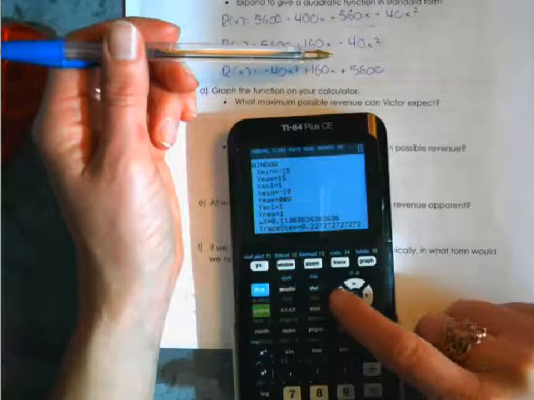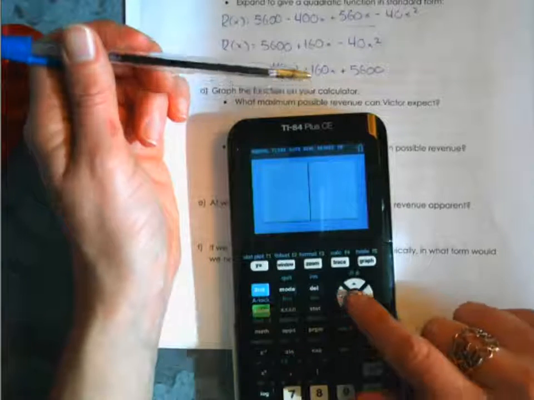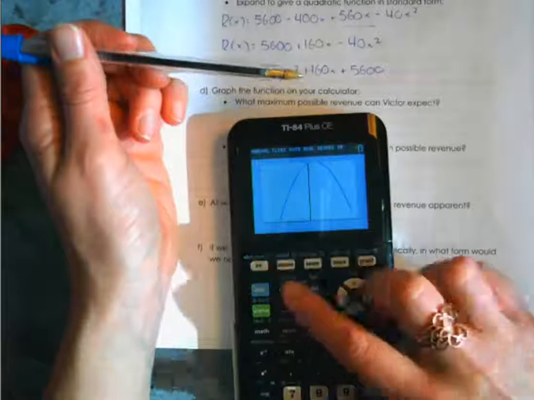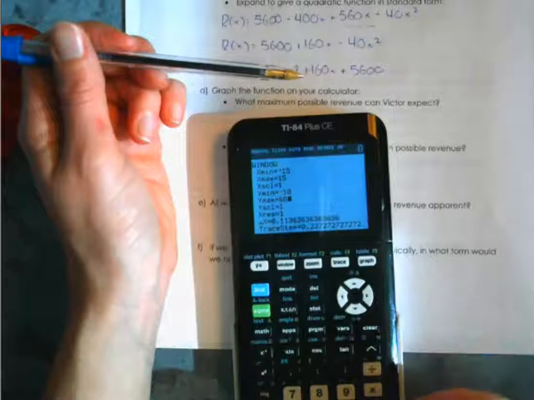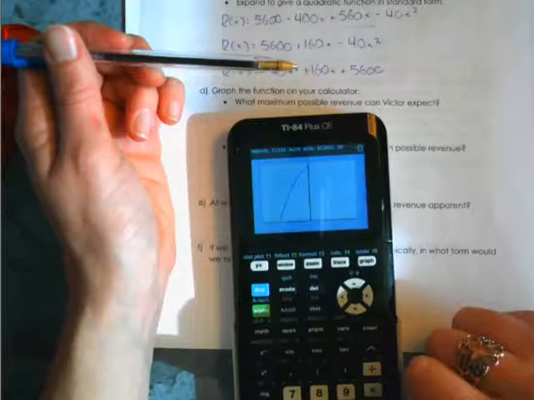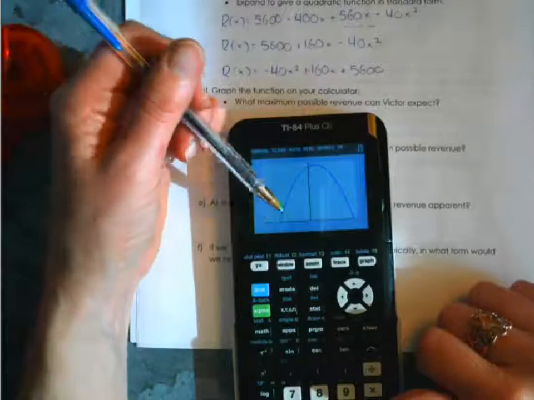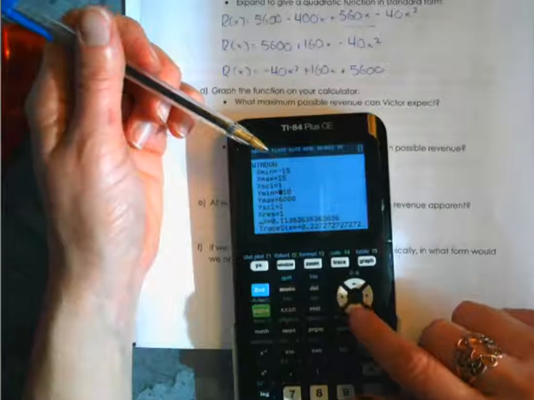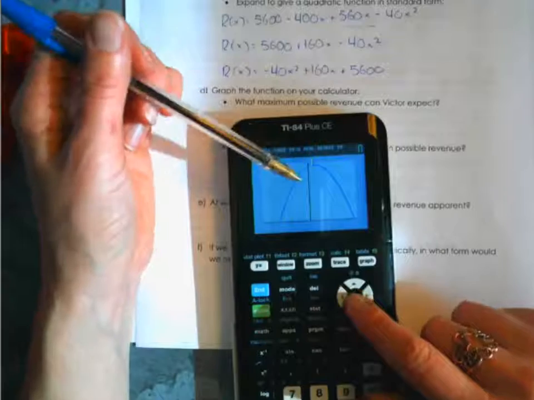Oops. Actually, I'm going to try 5,700. Oh, so close. No. Let's try 6,000 then. That should get us there. There it is. Okay, so now we can see our whole graph. If we wanted to, we could make our y minimum. Well, I don't think we're actually going to need that, so let's just leave it the way it is.